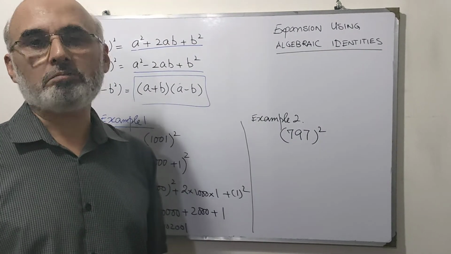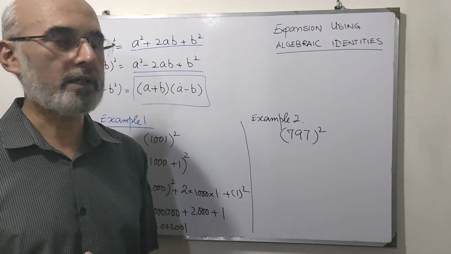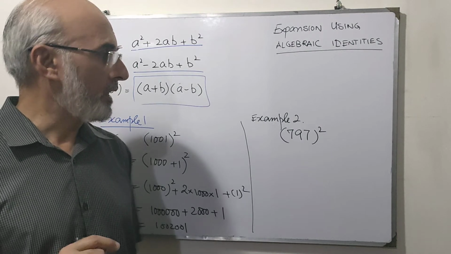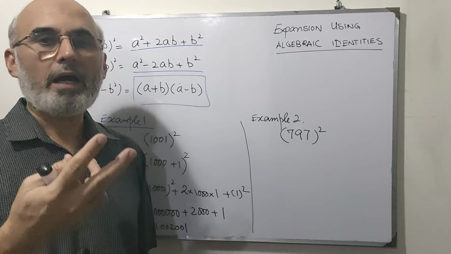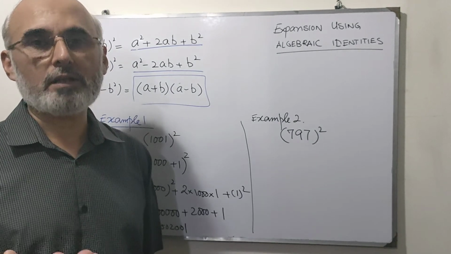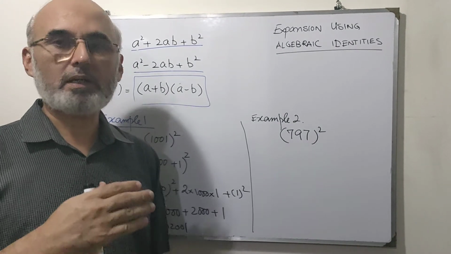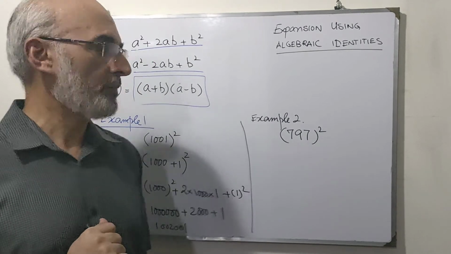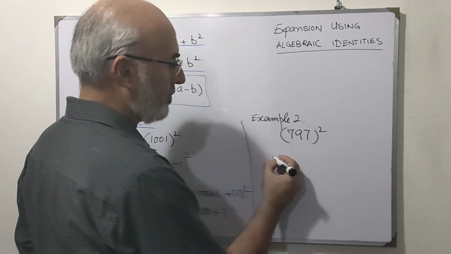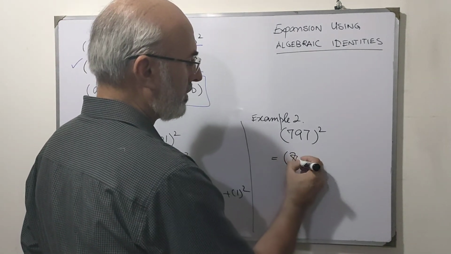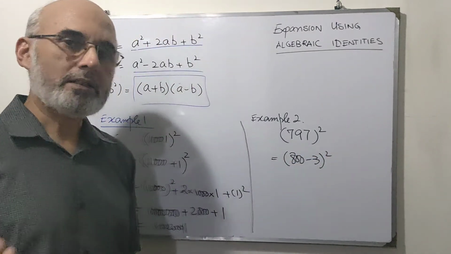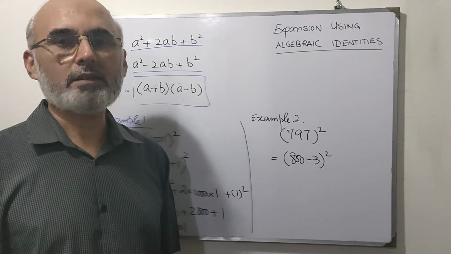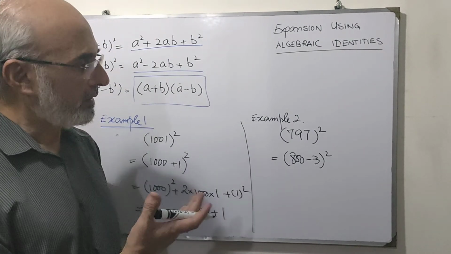We don't have 1,000 or 2,000 over here, but it's not always the case that we have to add two numbers to make it easy. We can subtract two numbers too. So it's a case of 800 minus 3. It is easy to square 800, it is easy to square 3, so the things are simple.